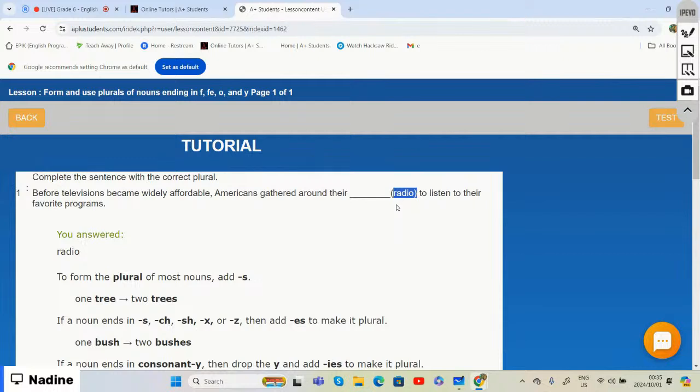So how are we going to write the plural form of radio? One radio, more than one. What is the plural form of radio?